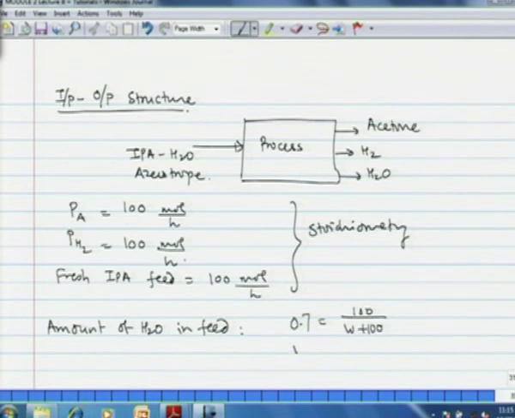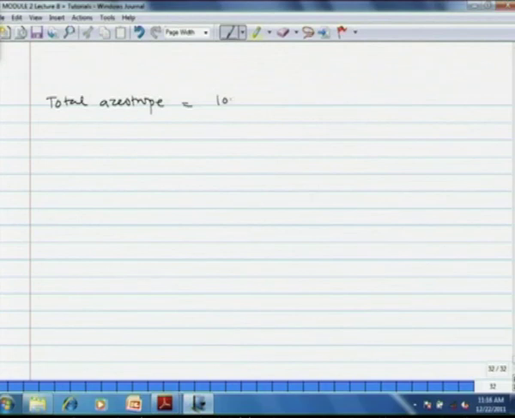So, W becomes 42.9. The total azeotrope will be 100 mole per hour of isopropanol plus the accompanying water, which is 42.9 mole per hour. So, total 142.9 mole per hour. So, this is what will be at the inlet.